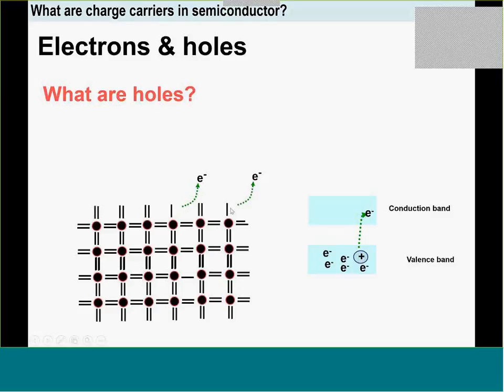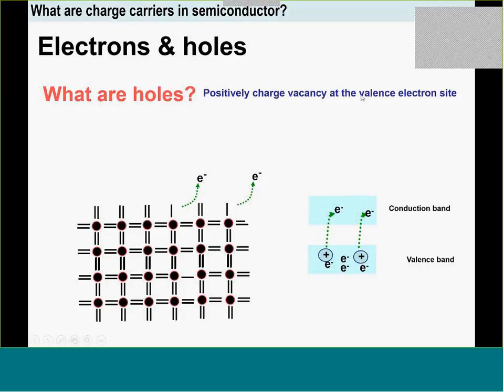You see, this is an unbonded site, where there is a vacancy of electrons. So looking at this vacancy at the bonding site, we can define our holes as the positively charged vacancy at the valence electron site.